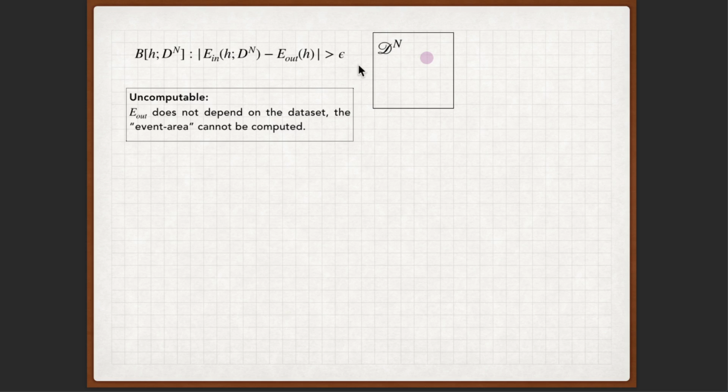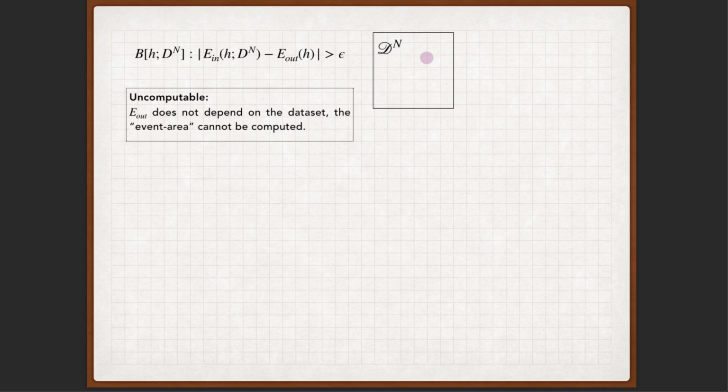However, the out-of-sample error Eout is not computable because we do not have access to the general data distribution. So basically, we are not able to test the event for any given data set. So this is not computable.